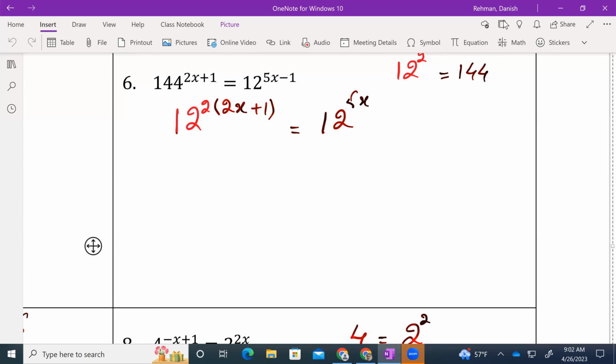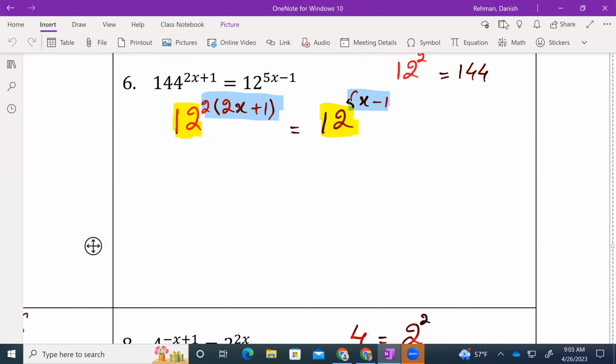Did you notice now? With this simple switch, replacement or the hint, we now have the yellow highlighted bases same, equal, and that gives us all the legal rights. That's the term that I used. So that gives us a right to equate the exponents.